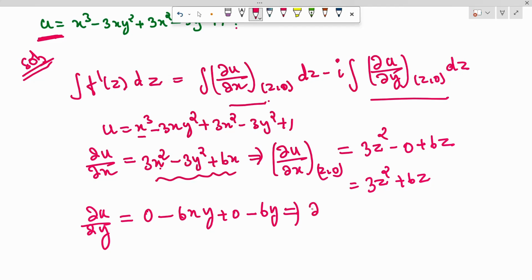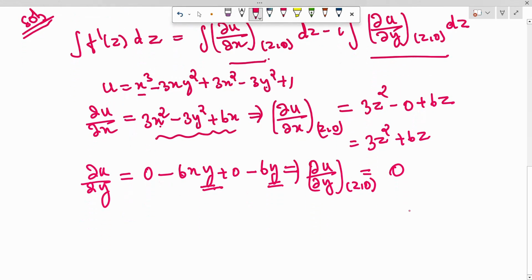Okay, here calculate dou u by dou y of z comma 0. In this equation, substitute x equal to z and y equal to 0. Here the y term is 0, here also y is there, 0, which means dou u by dou y of z comma 0 is 0.